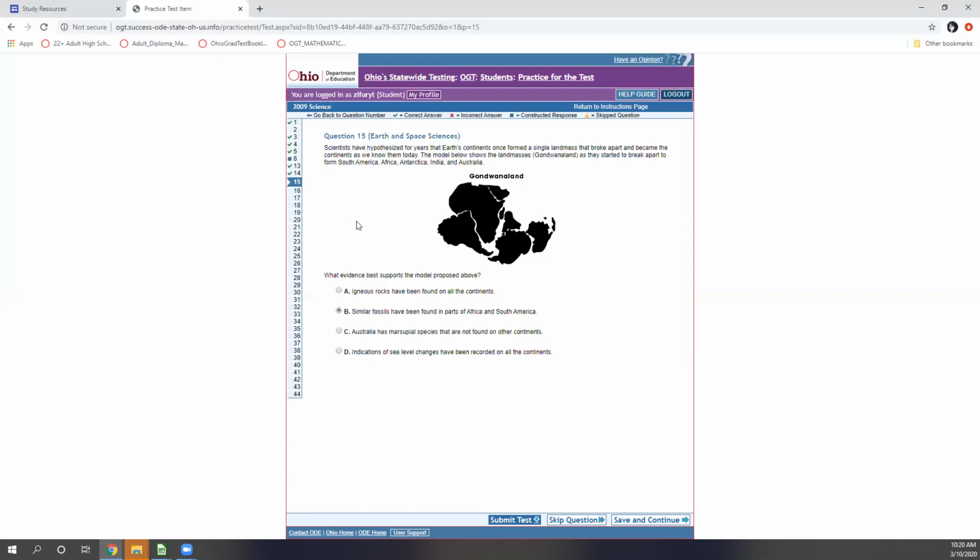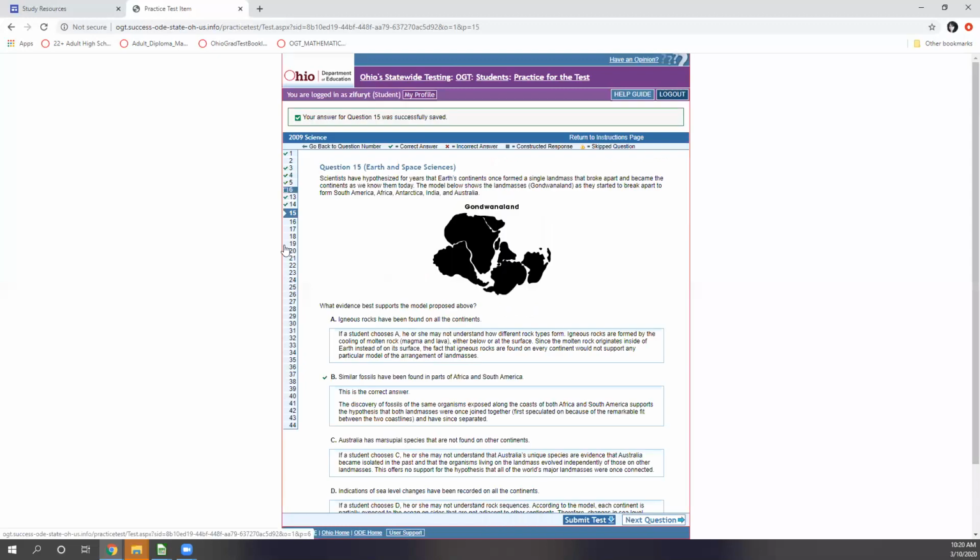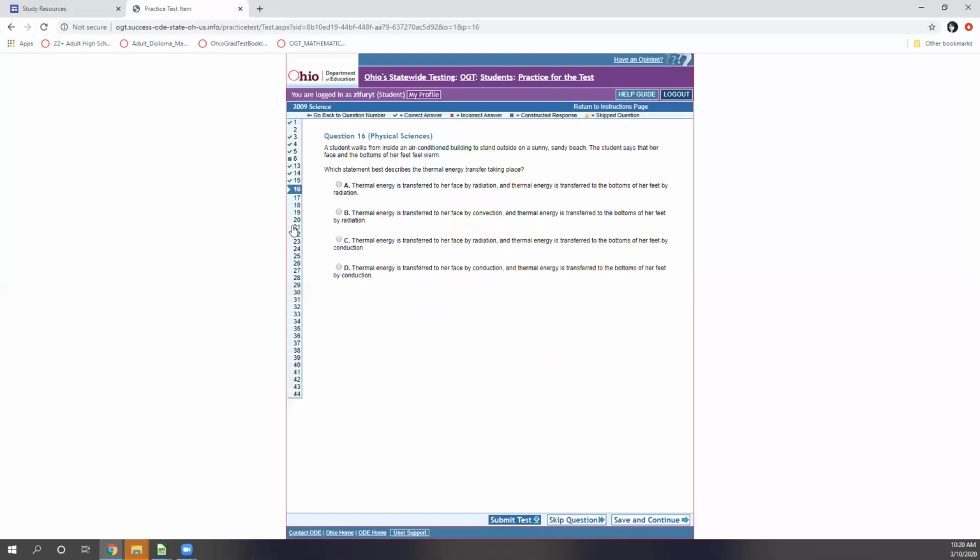If any of those elements are in the question, it's always a single landmass question. And remember, there's the similar fossils. There's a similar geologic record that they can find through rocks. Remember that question? And there's just a few different ways, and you'll run into these as you go through the practice test. But that is a concept you need to understand for sure.